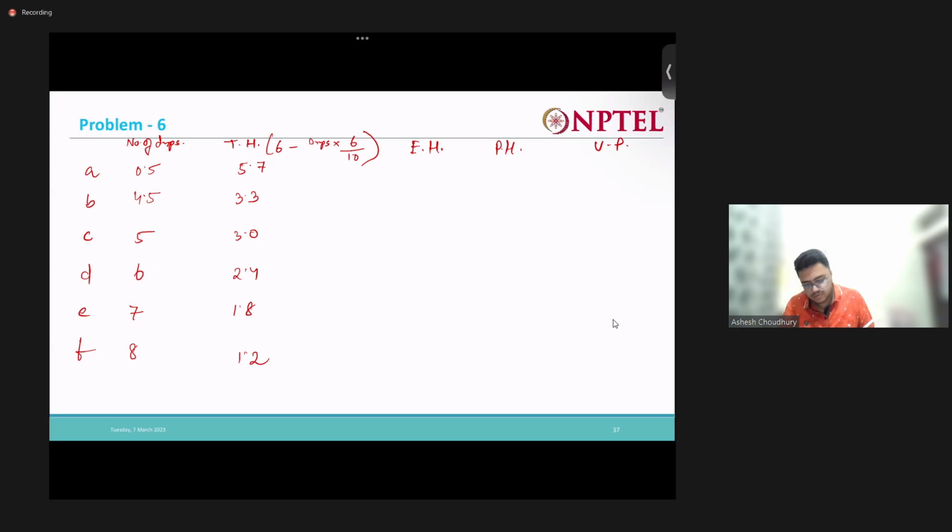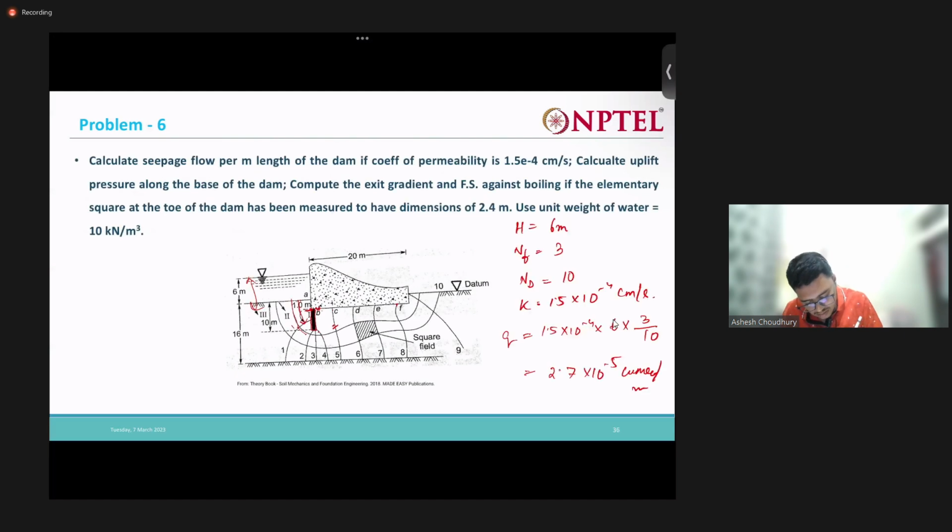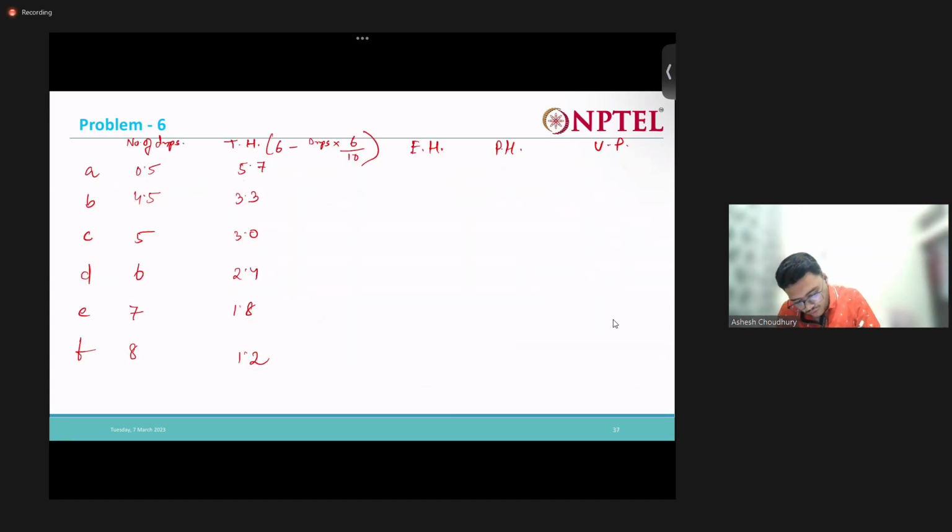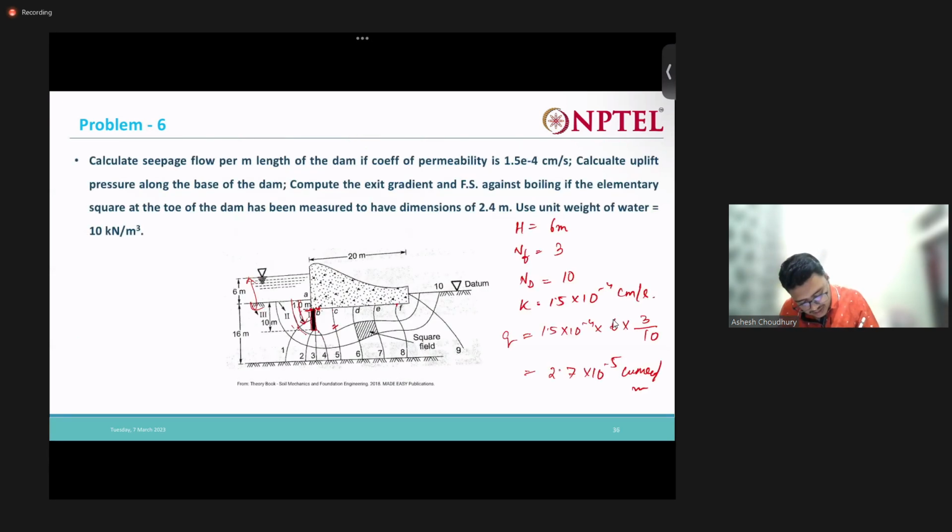1.2. Now what is the elevation head? For A, what is the elevation head? Minus how much? Yeah, minus 1. So for all these points, my elevation head is minus 1, because all these points are 1 meter below our datum.